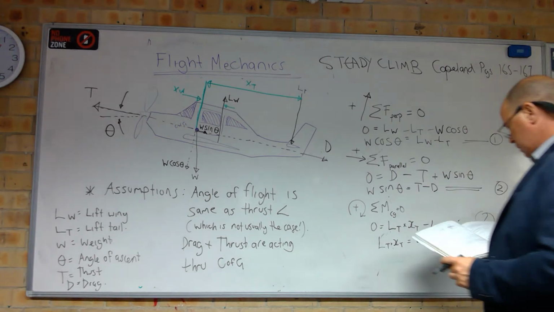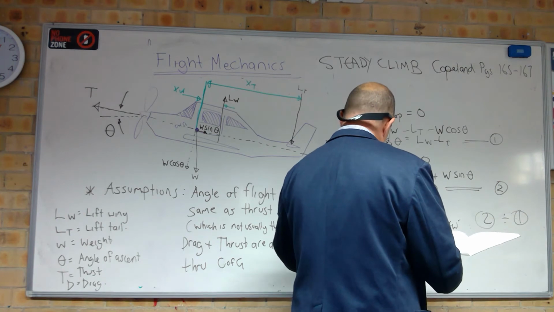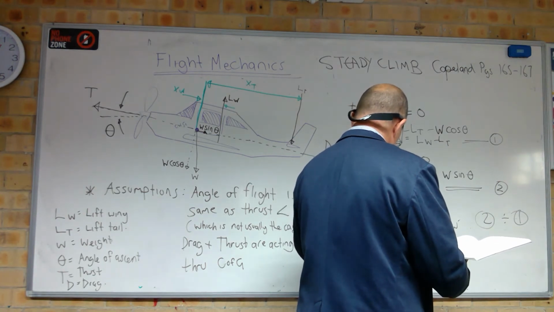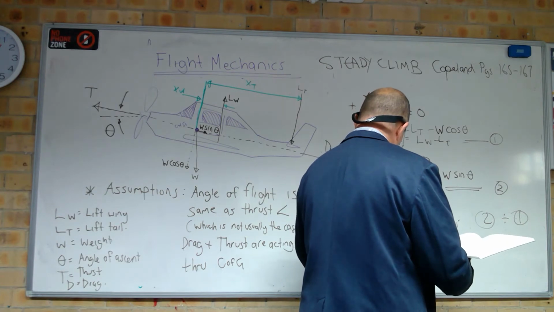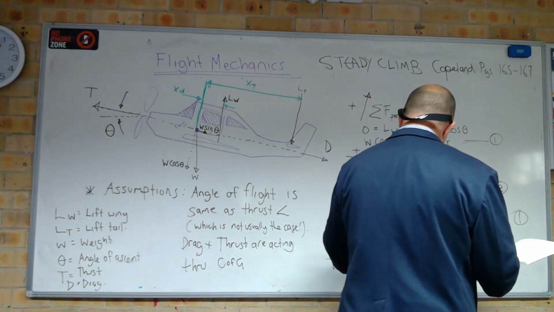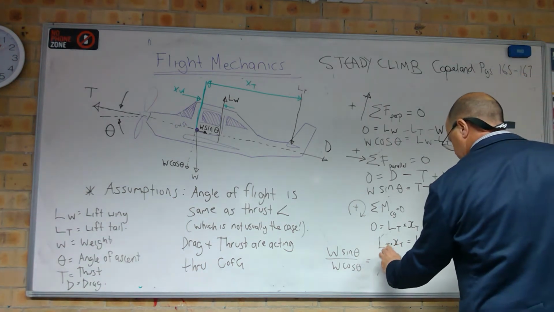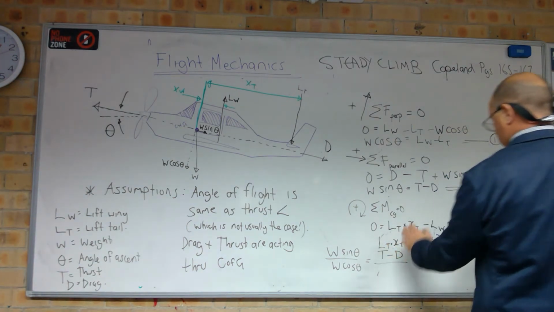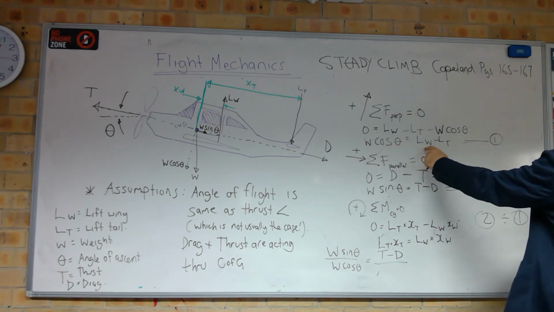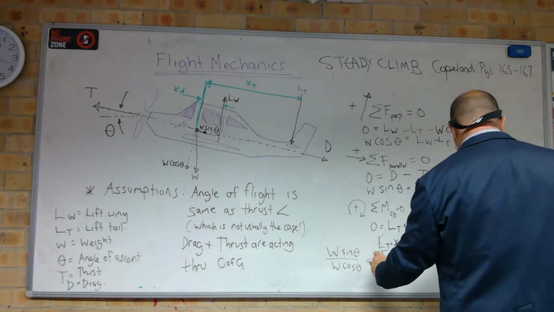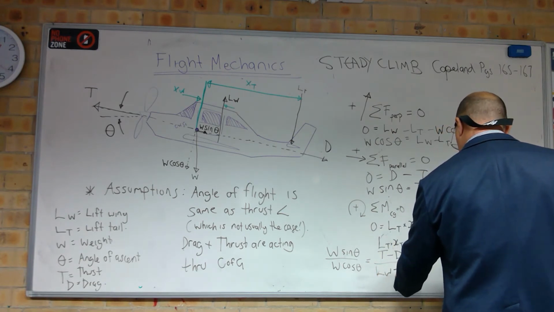Okay, so in this example here, we end up with an equation that is W sine theta over W cos theta, which is the angle of ascent, is equal to this one here, T minus D, over equation 1, which is LW minus LT.